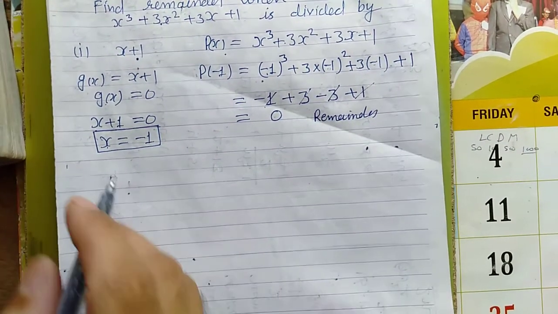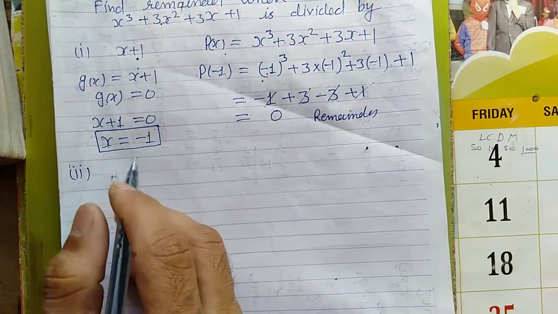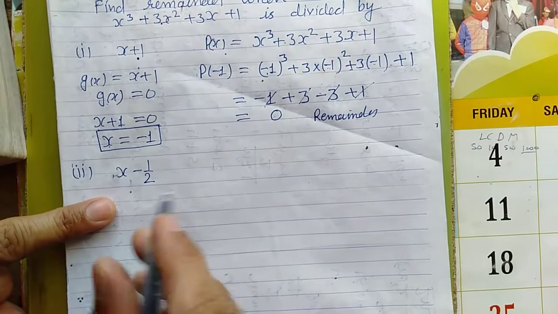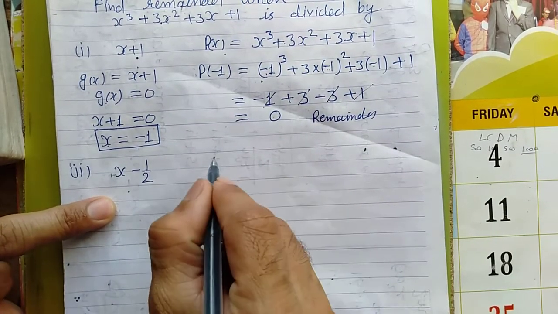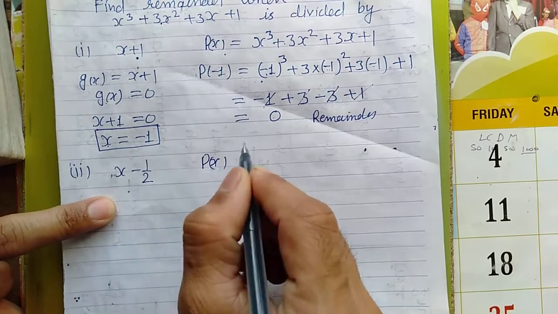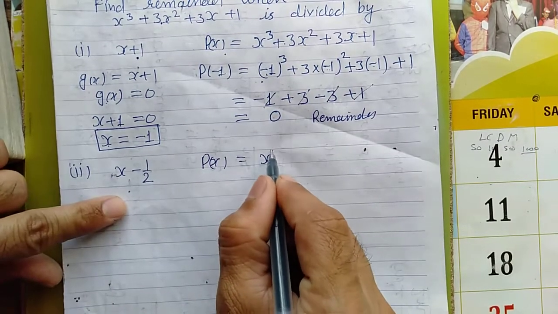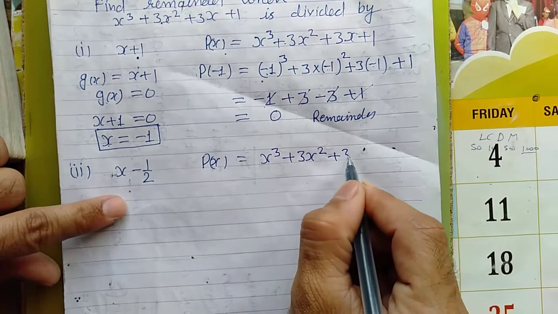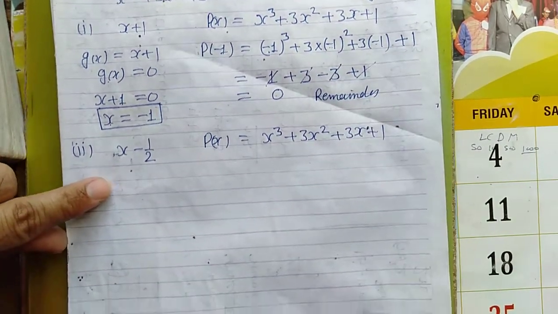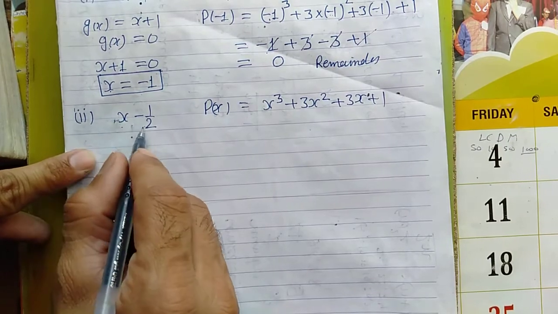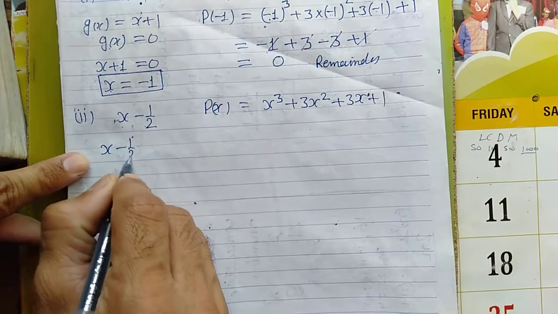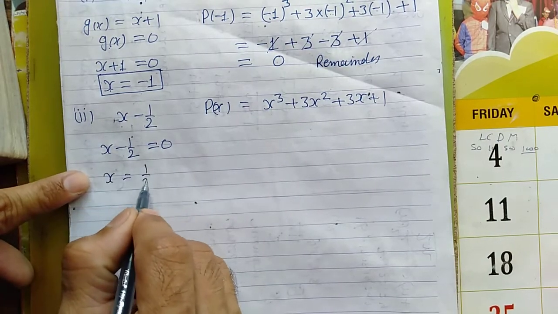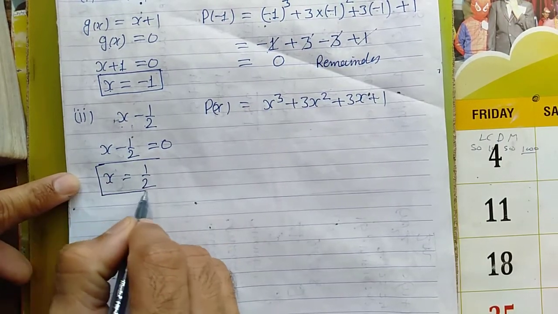Number 2 of the same, when it is divided by x minus 1 upon 2. The same we will use here, p(x) equals, the same I am writing here, x cube plus 3x square plus 3x plus 1. So here when we take g(x) equal to 0, x minus 1 upon 2 is equal to 0, so x will be equal to 1 upon 2.